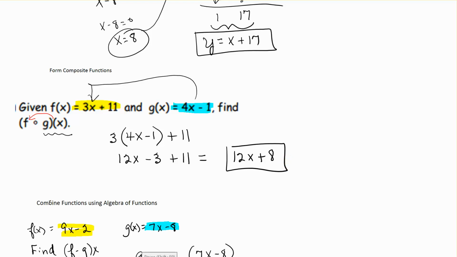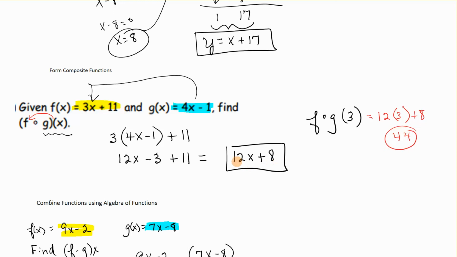Okay? You might also be asked to find f of g of 3. You could do that two ways. If you've already found f of g of x, you can just plug in 3 to this. So we would have 12 times 3 plus 8. That would be 36 plus 8, or 44.